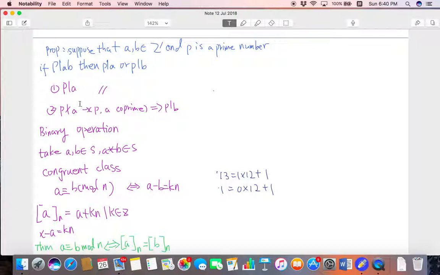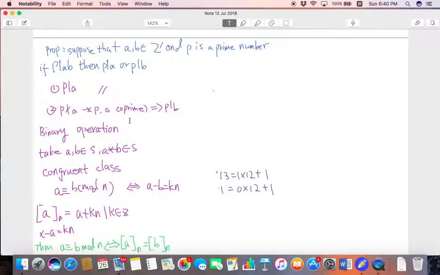So here is a very straightforward proof. If p divides a, that's fine, that satisfies what we expected. What if p doesn't divide a? That means p and a are relatively prime.